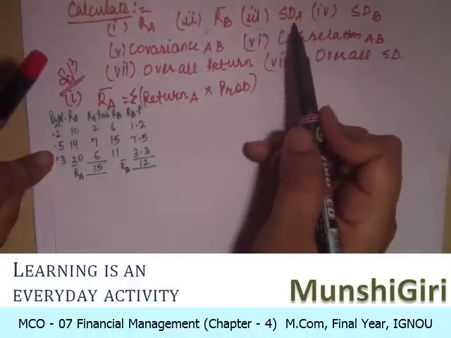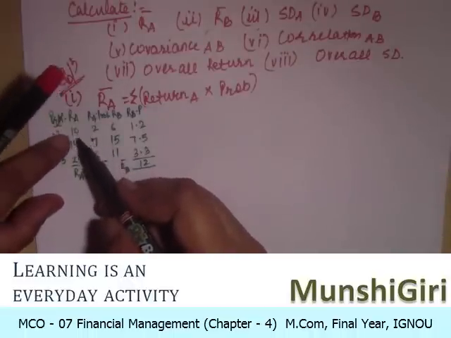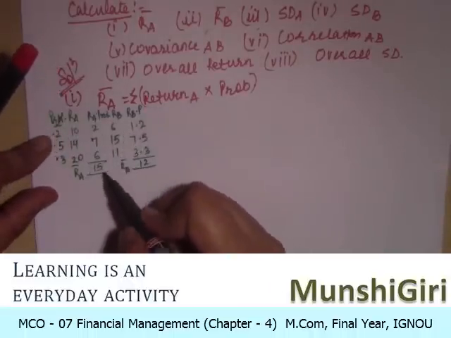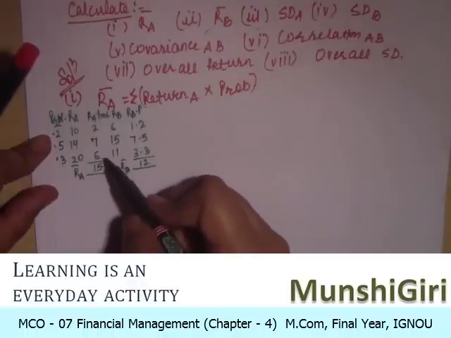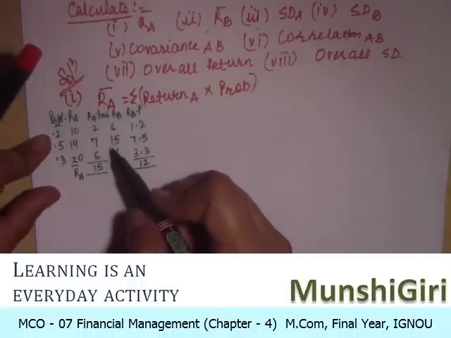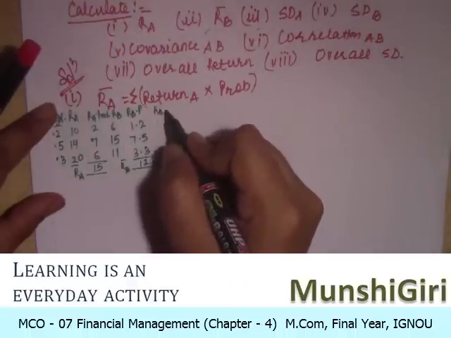Now comes standard deviation of A. How do we calculate standard deviation? For A, RA minus RA hash, that is 15, RA minus RA hash whole square into the probability. This is how we calculate it. So let's calculate RA minus RA hash.